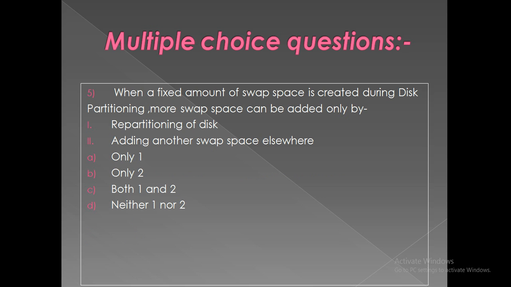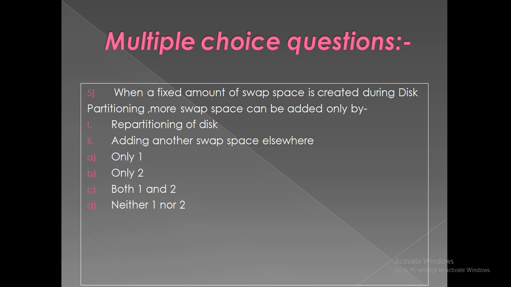Fourth: when a fixed amount of swap space is created during disk partitioning, more swap space can be added only by repartitioning the disk or adding another swap space elsewhere. The options are: only the first is true, only the second is true, both are true, both are not true. If you watch this video carefully, you can answer these questions.